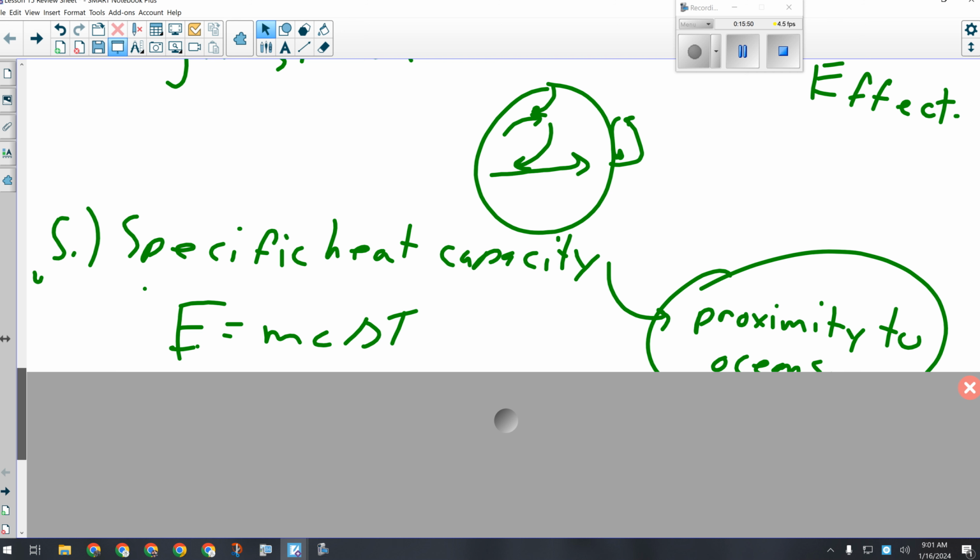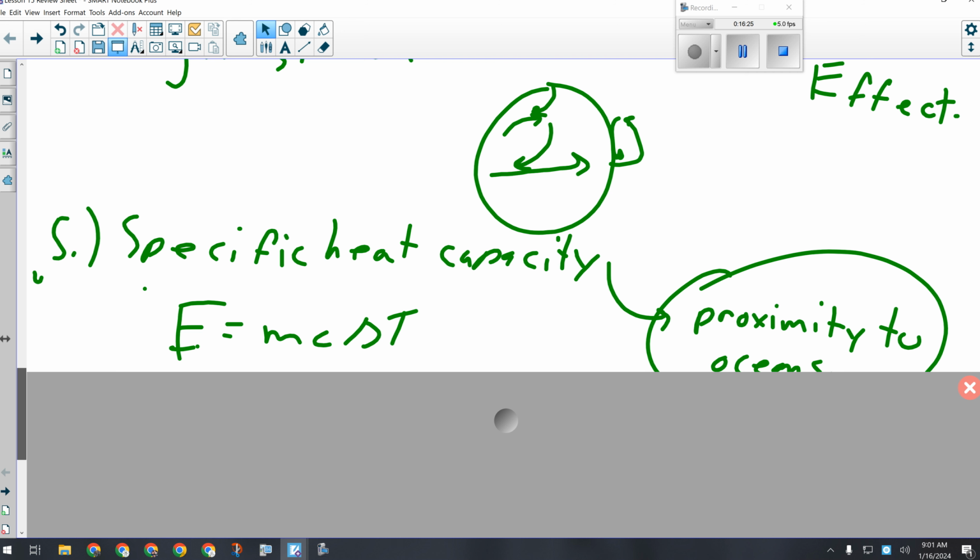Okay, also know that specific heat capacity is why proximity to the oceans is a factor that affects climate. Okay, the oceans, believe it or not, are full of water. Okay, and water has an incredibly high heat capacity. So if cold air moves in over, say, Victoria, okay, it is not going to make Victoria terribly cold, because if the air is colder than the ocean, energy will flow from the ocean to the air, warming up the air.